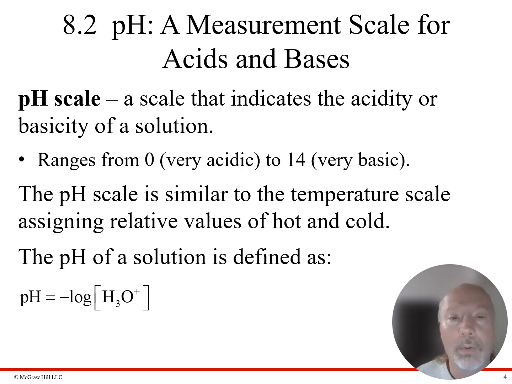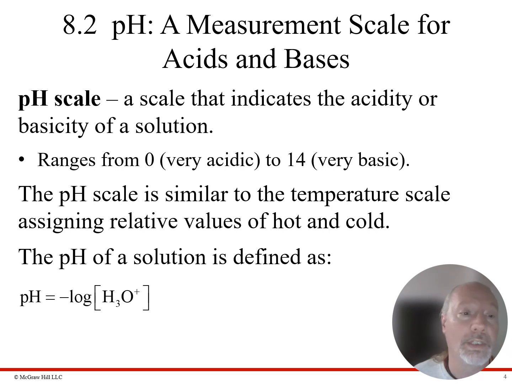Kw will still equal 1.0 times 10 to the negative 14th, no matter what kind of acid we throw in there, up to certain concentrations. It works within a 1 molar range of concentrations. It's quite good for small molarities. So we'll see that here.